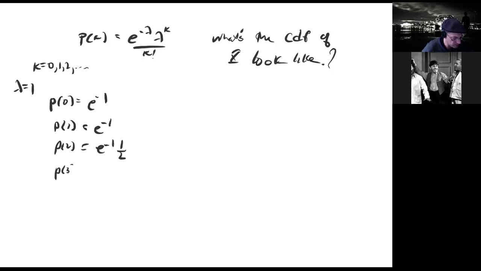And p of 3 is e to the minus 1 times 1 over 3 factorial, which is 1/6, and so on.